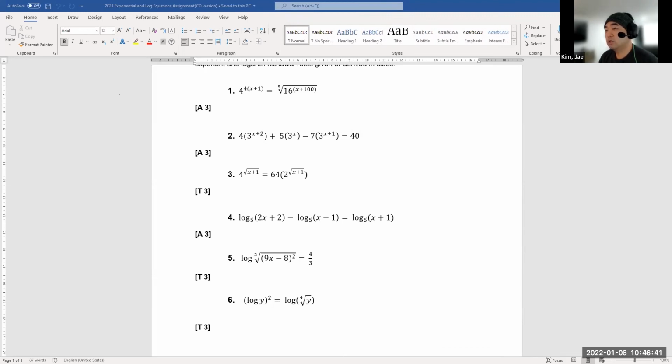Log equations assignment, PDF version. Let's see if I could fix this directly by uploading a file.